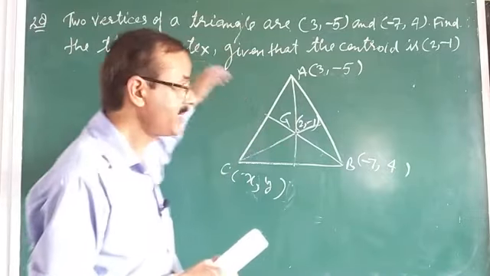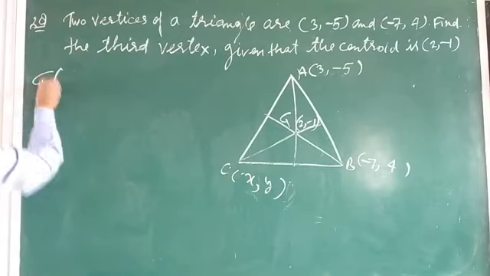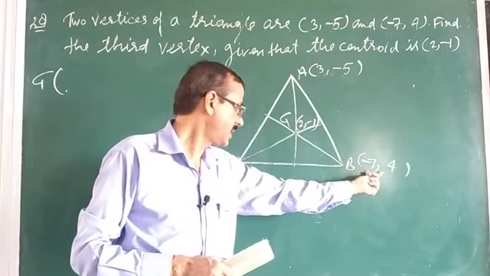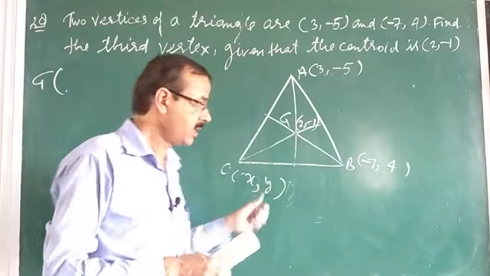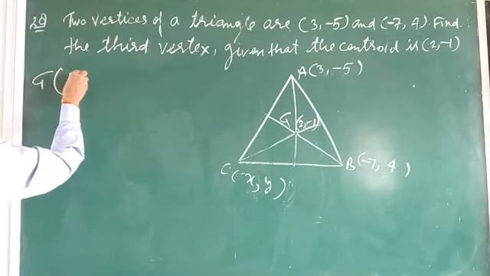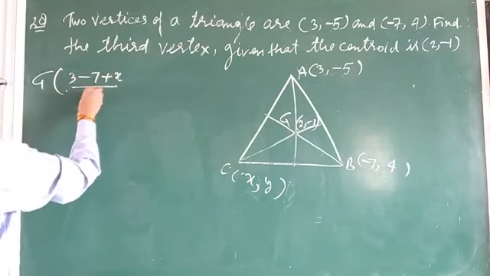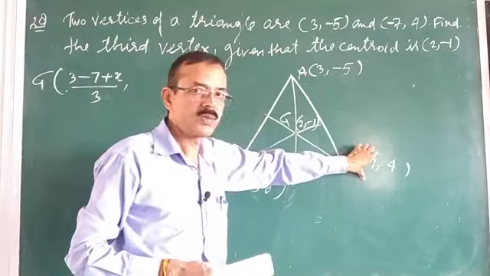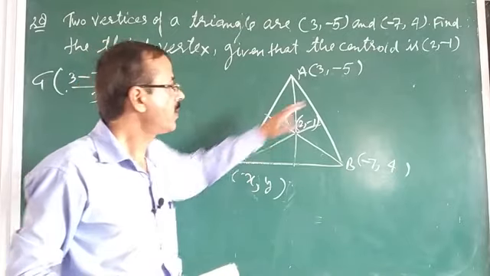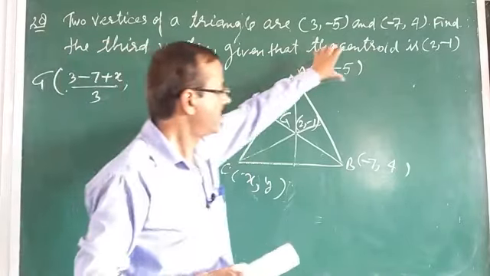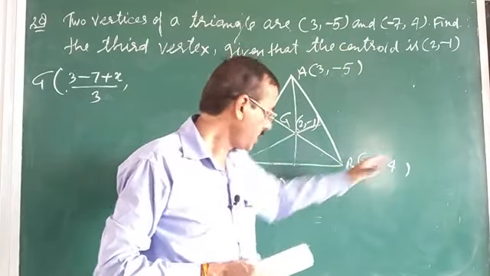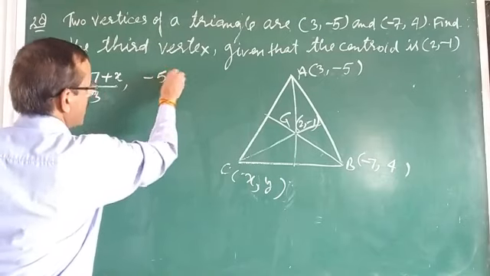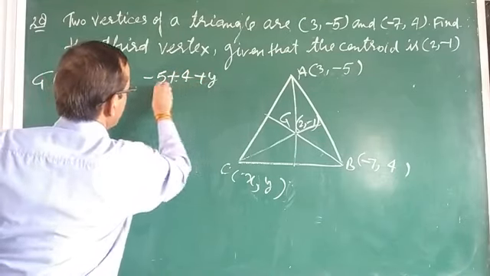G will be ((3 minus 7 plus x) upon 3, (minus 5 plus 4 plus y) whole upon 3), using x1 plus x2 plus x3 upon 3 and y1 plus y2 plus y3 upon 3.